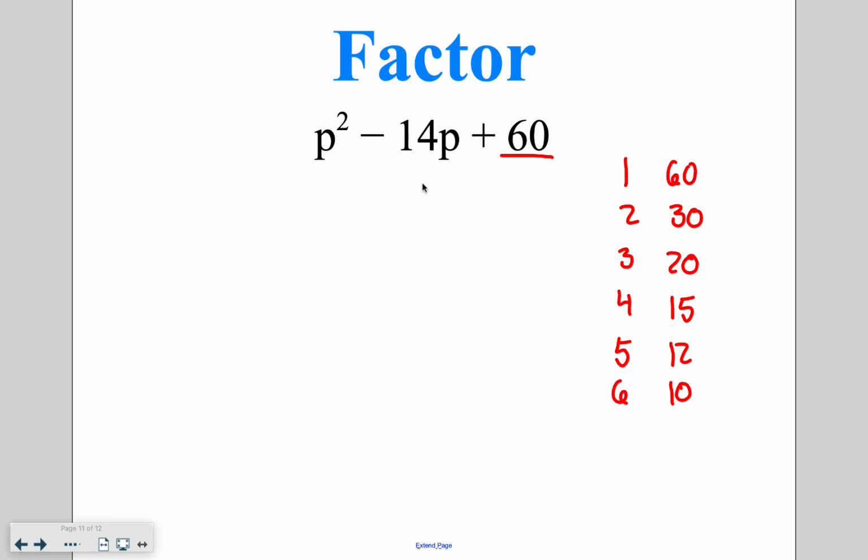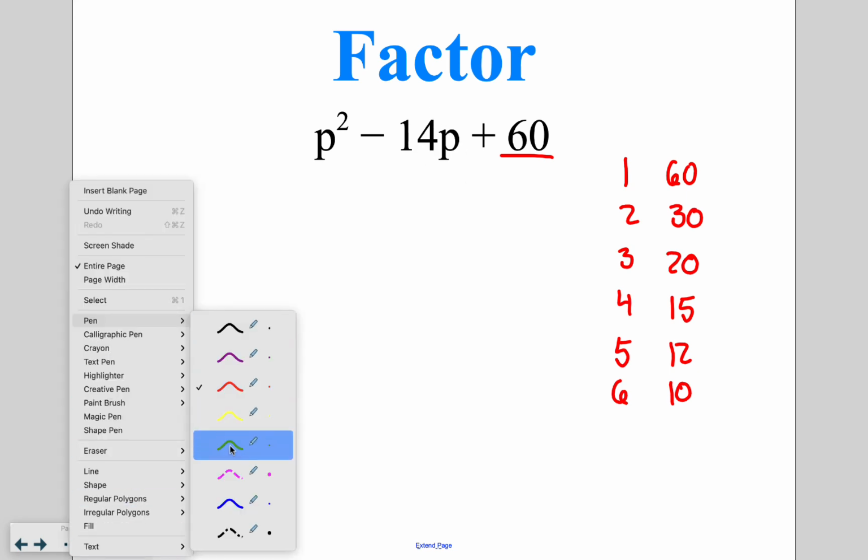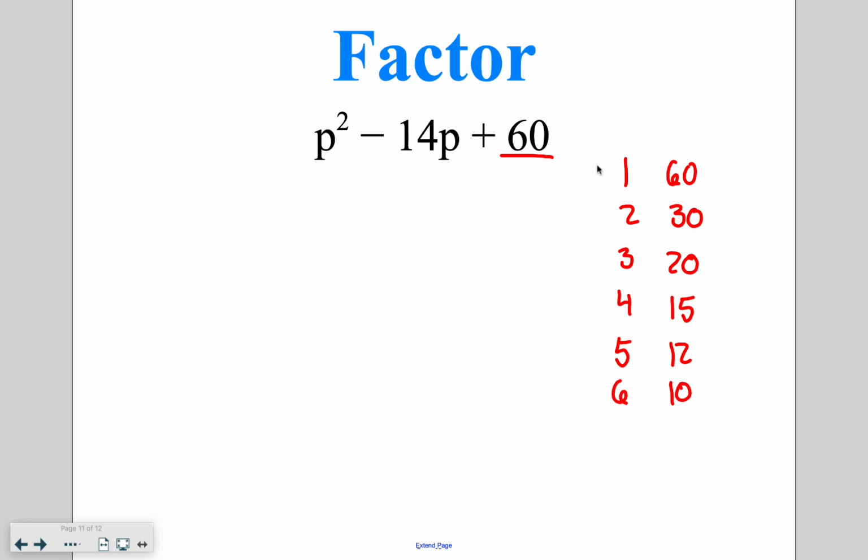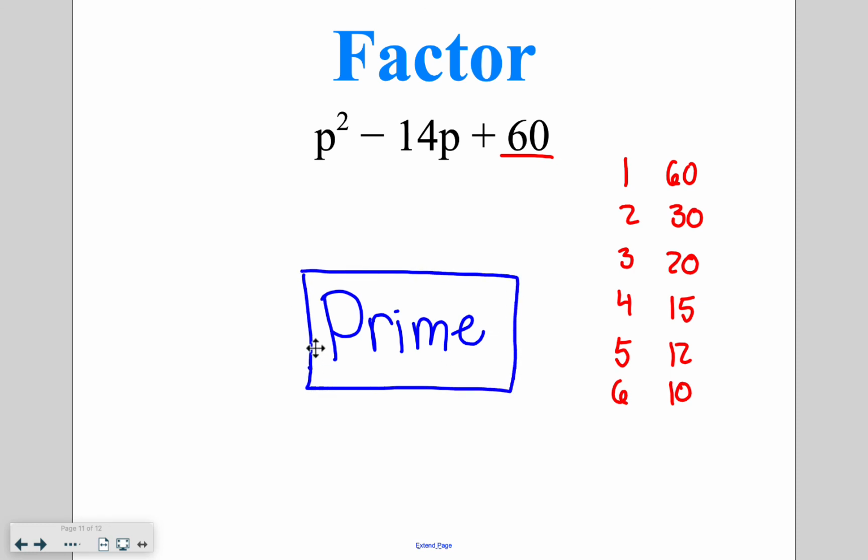I am trying to get to an answer of negative 14, but no matter how I try adding or subtracting these factors, no single pair can get me to an answer of negative 14. When that occurs, if you have made your factor list and there are no pieces that add or subtract to this middle value, we call this a prime trinomial. So this is something we can't break down into any further factors.